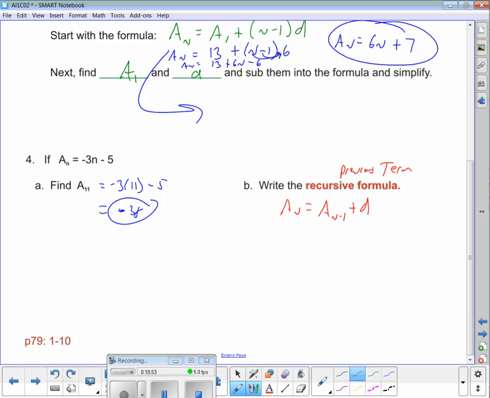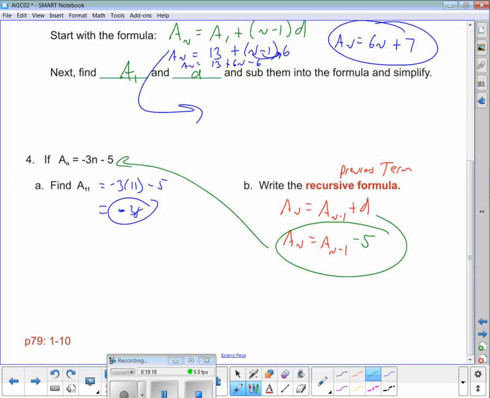Add d, right? So now we got to make it specific to this thing. And the only thing you can do specific in the recursive is to supply d. And what is d? It is a negative 5, right? And I was using the example from up here, right? So the recursive formula always looks like that, and that's as specific as you can get.